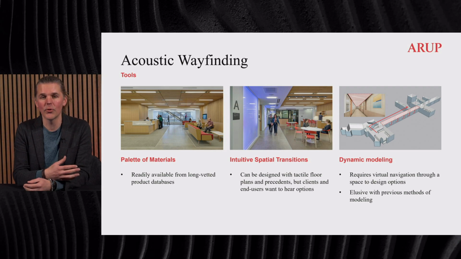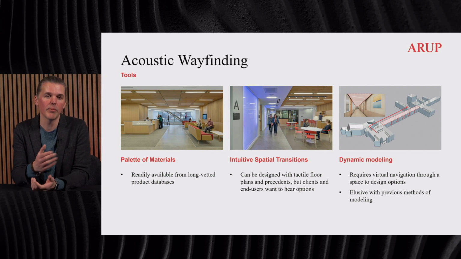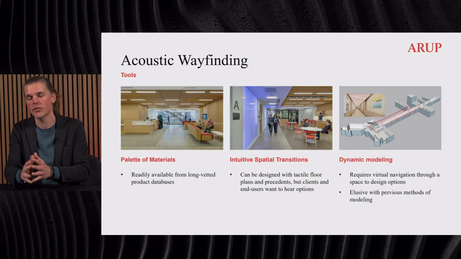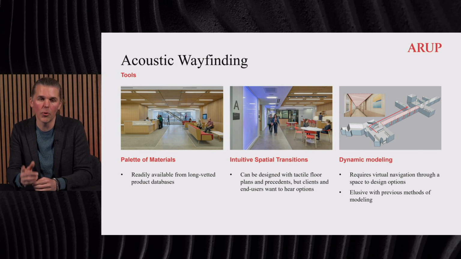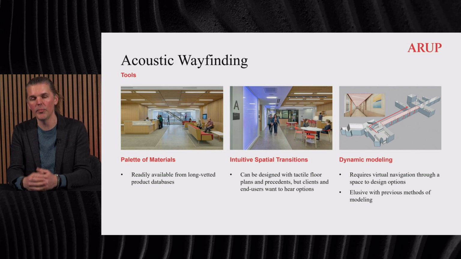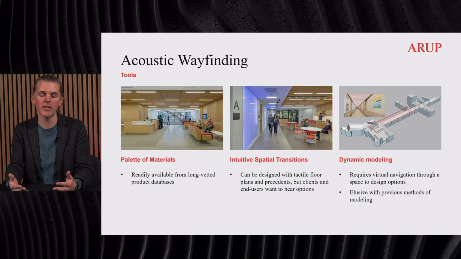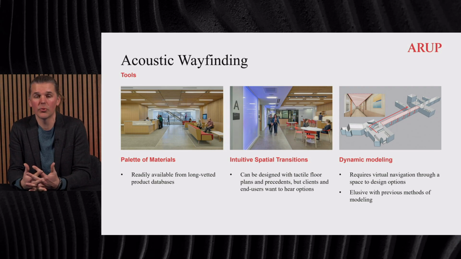During the design phase, of course, the modeling of that is something that we've been able to do for a long time in terms of the different materials and the changes to those materials. But one really important piece that's been elusive over the years is the dynamic modeling aspect of this. Ideally, we'd be able to navigate through each of these spaces with these acoustic changes, and then be able to select the different navigational tools that worked best for a given client.